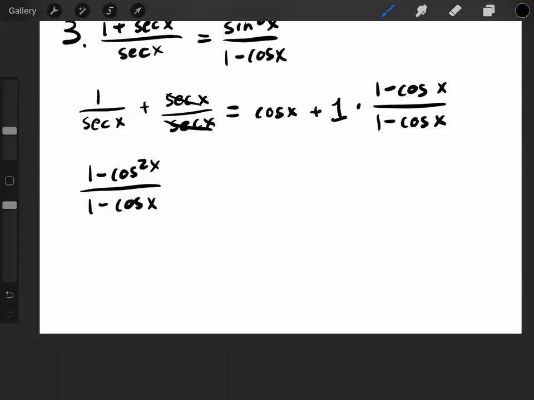And now that you have this, you can rewrite this top form into simply sine squared of x over 1 minus cosine of x.